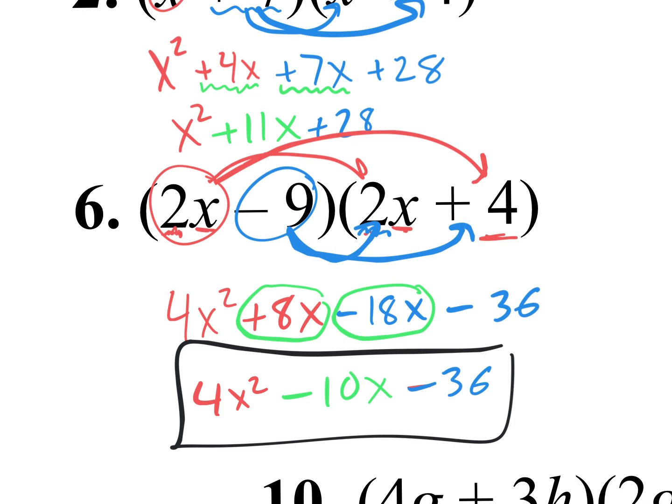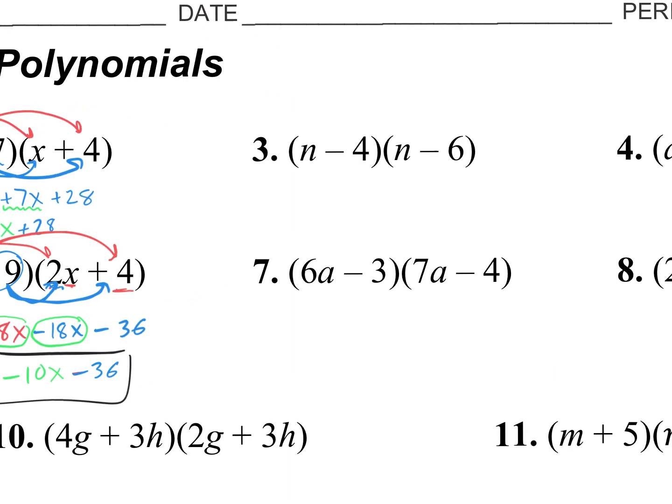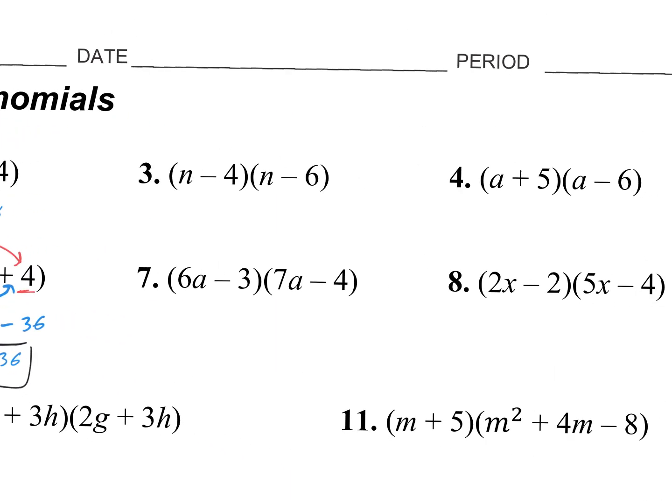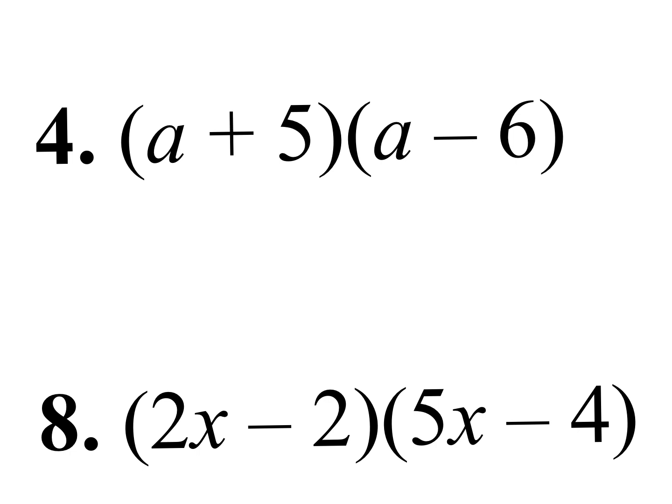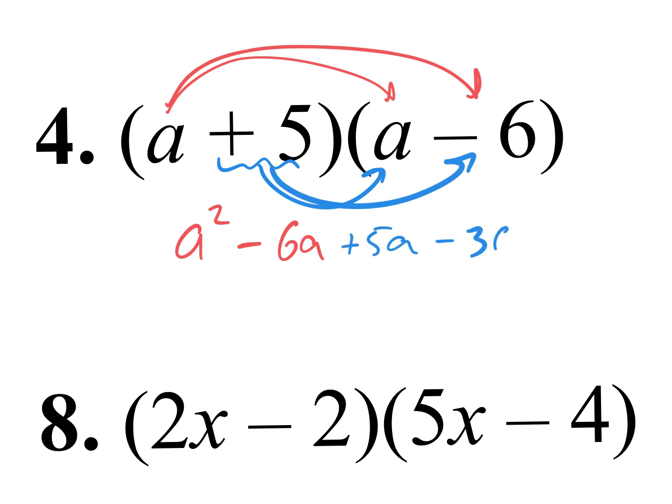Okay. So we really need to get really comfortable with multiplying binomials times binomials, right? So this guy right here, for example, this is how quickly you should be able to do it. A times a squared. A times negative 6, negative 6a. Positive 5 times a, positive 5a. Positive 5 times negative 6, negative 30.